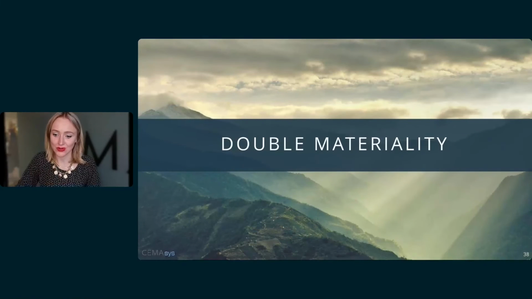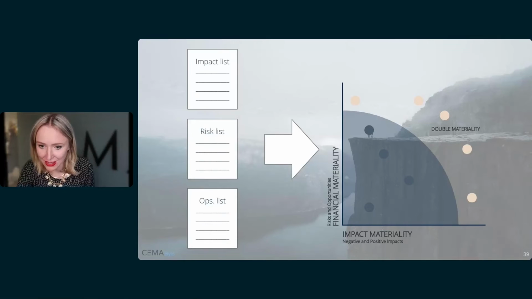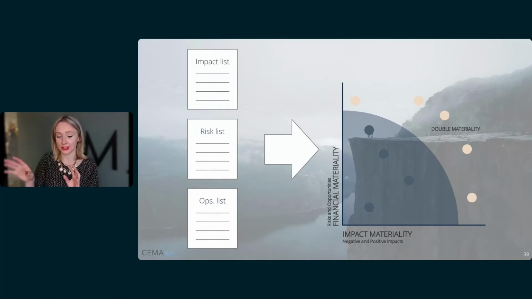Good. So then we get into double materiality. Now we have an impact list, a risk list, and an opportunity list, and this will feed into this wonderful little matrix that you see on the right-hand side. The impact list will be on the bottom axis, so it will be both negative and positive. We have scored them separately, but for the sake of reporting, we will consolidate them into this matrix.